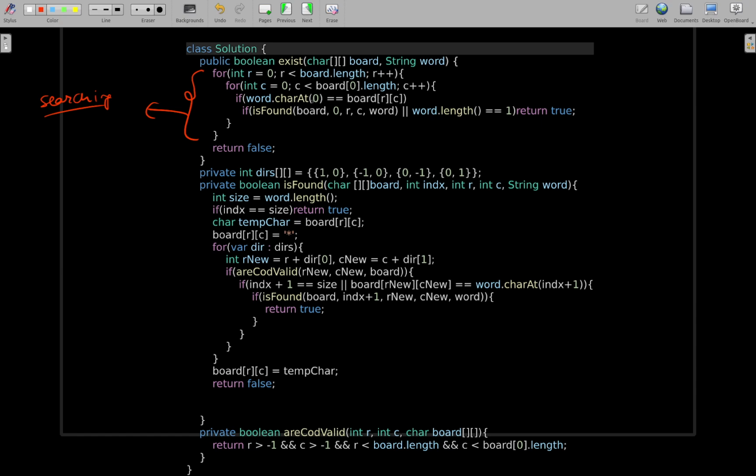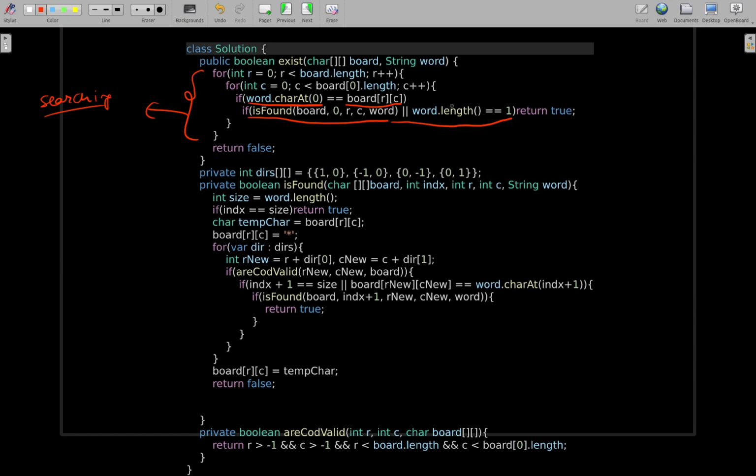So this is the first character of the word, and if your cell is having a character that is matching the first character of the word, then only we will start exploration from that cell.